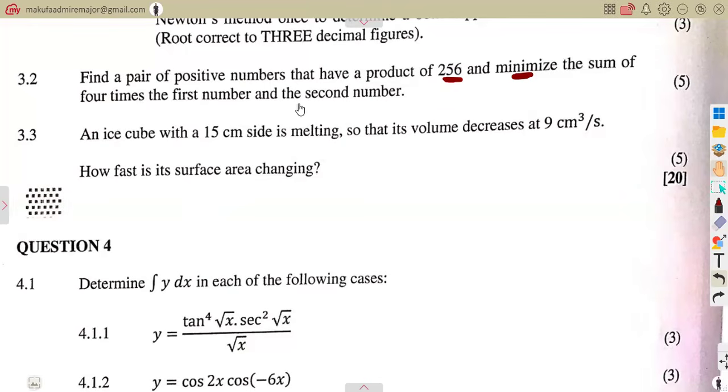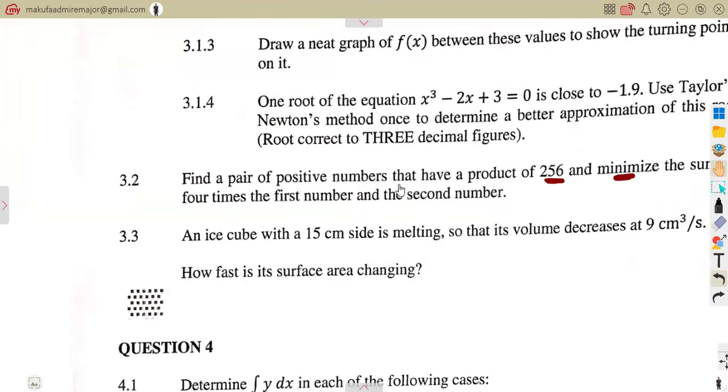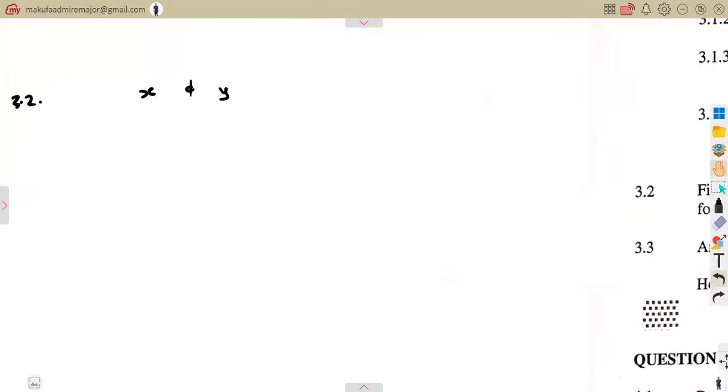We do not know these two numbers, so they can be x and y. But what is happening with these numbers? You have a product of 256. If you multiply the two numbers, x times y, the product is 256.